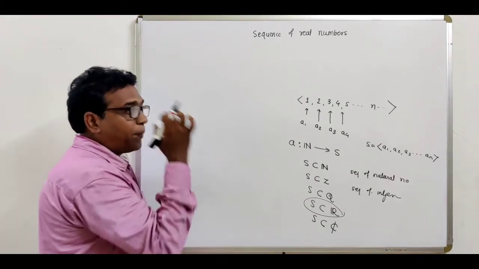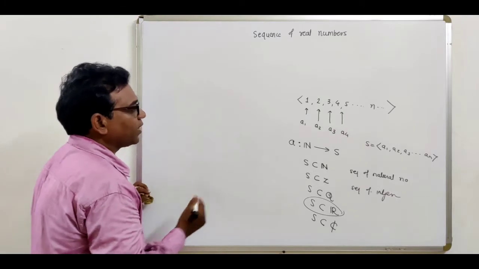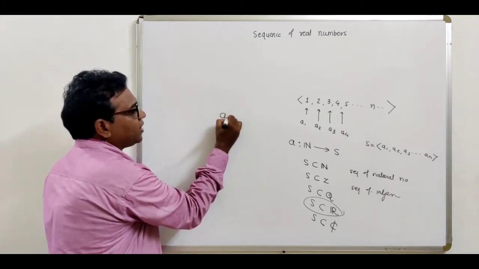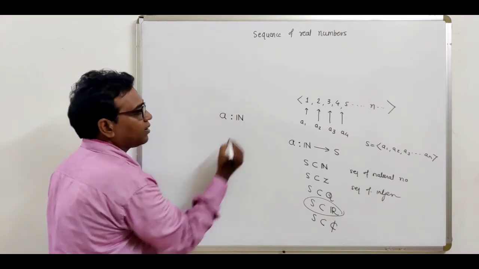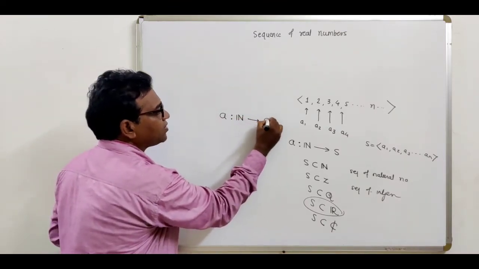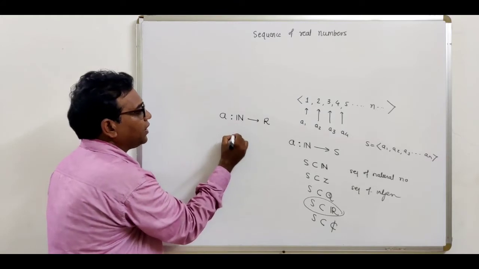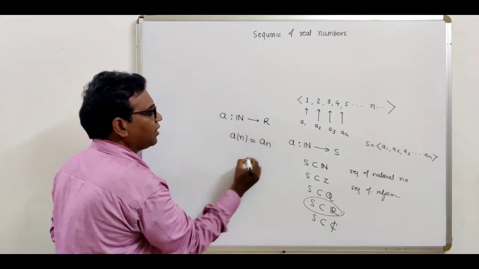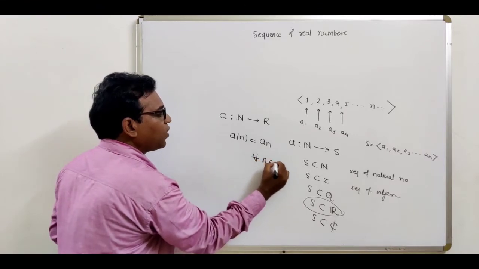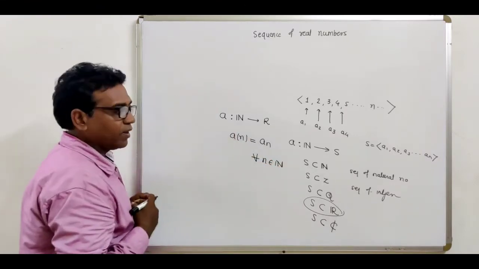So see what is the proper definition of a sequence. A sequence is a function whose domain is the natural numbers and codomain is the real numbers, defined by a_n equal to a_n for all n belonging to the natural numbers.